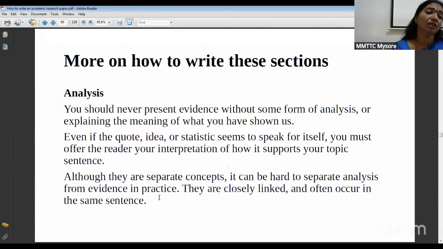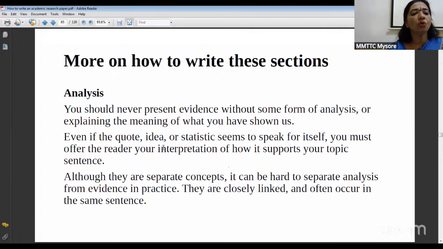And analysis. You should never present evidence without some form of analysis. You cannot make an abrupt sentence, like, okay, all the leaves of plants are black or something like that. You should have perfect evidence for making such statements. Otherwise, everybody will throw out your work.